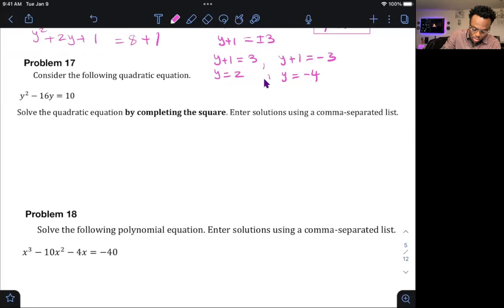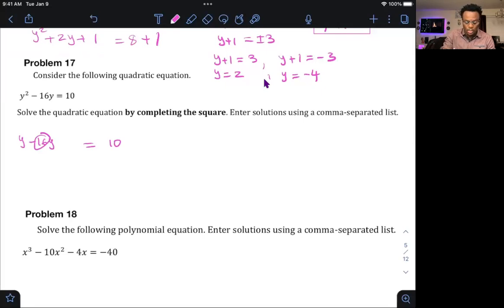So that is y squared minus 16y plus blank, so we're going to put this and then find the third term. You know the third term is this number. You don't have to worry about the sign. You already know what to do with the sign when you complete the square.